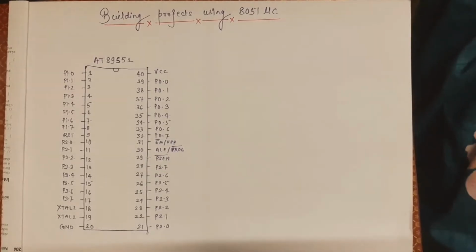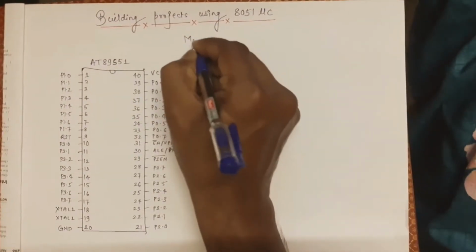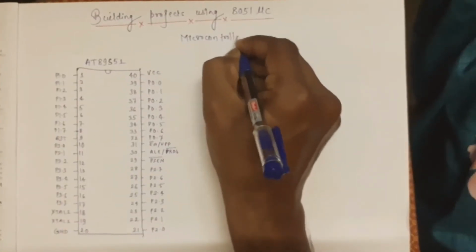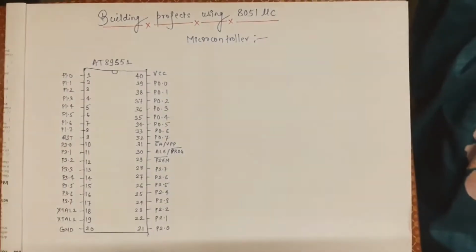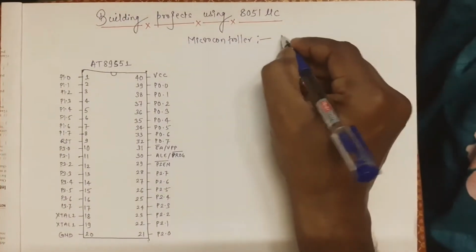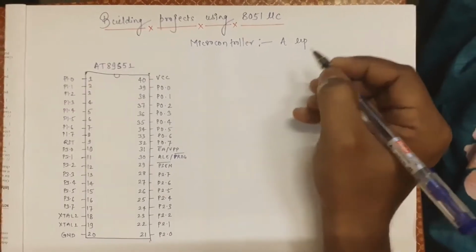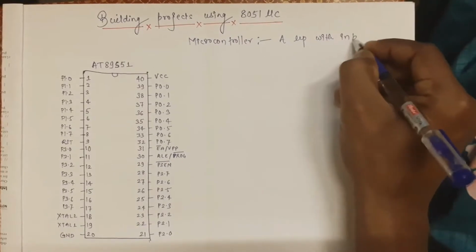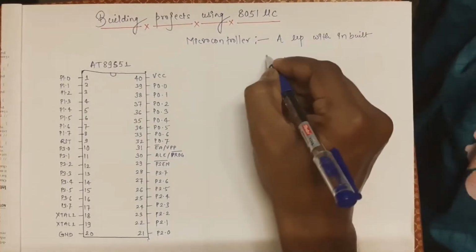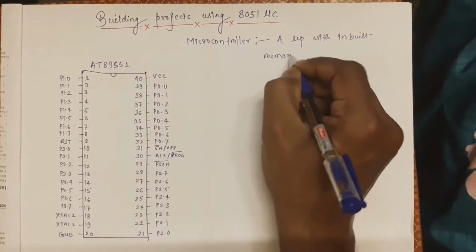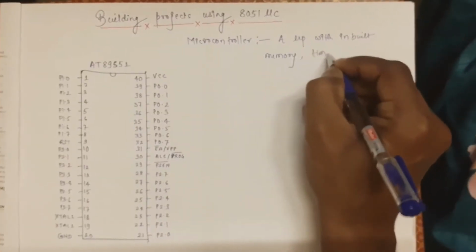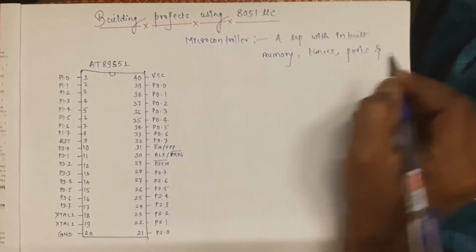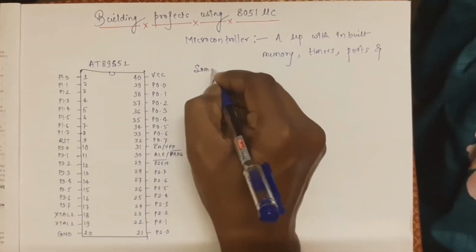So what is a microcontroller? A microcontroller is a small microprocessor only with inbuilt memory, timers, ports and some supporting devices.